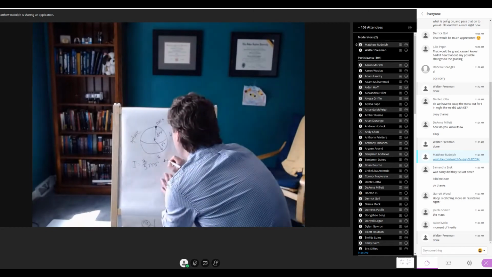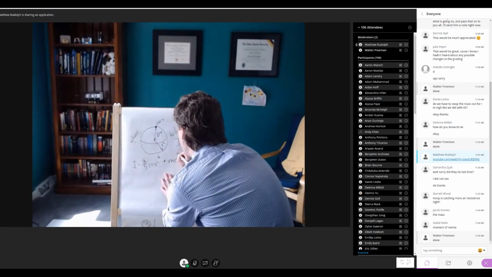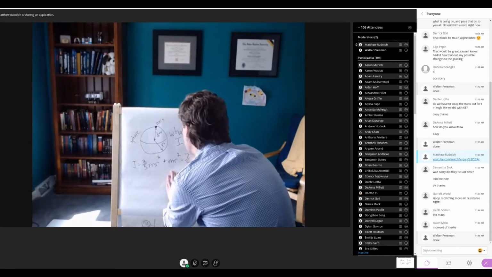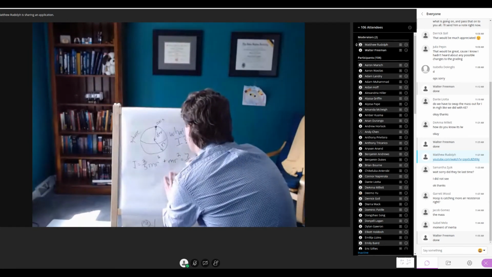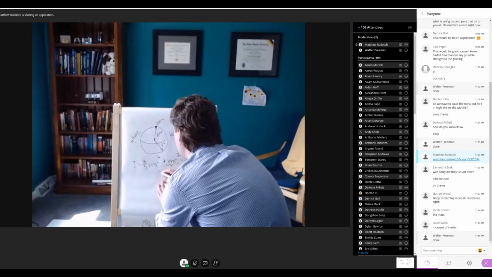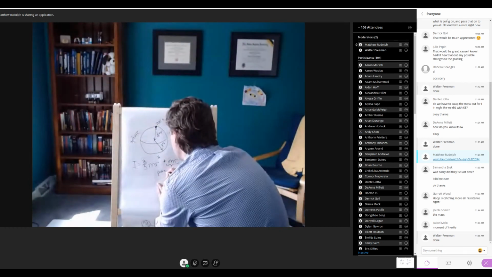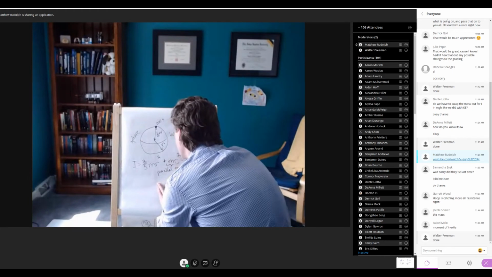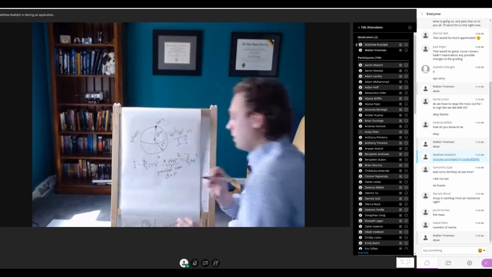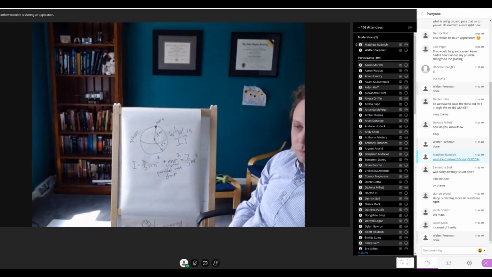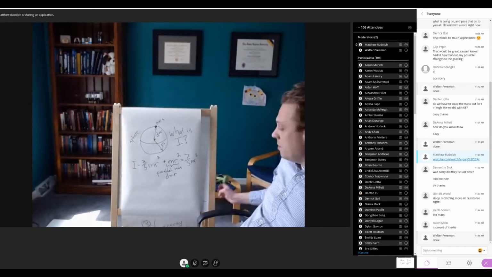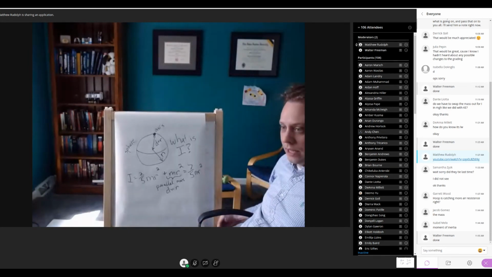And so you have to add another mr squared to get 7/5 mr squared. And then this part, this is the parallel axis, if d equals r. So sometimes we're going to do problems where you have to take that into account.